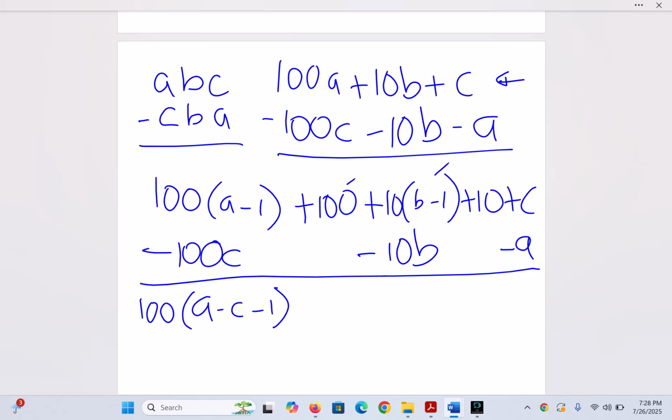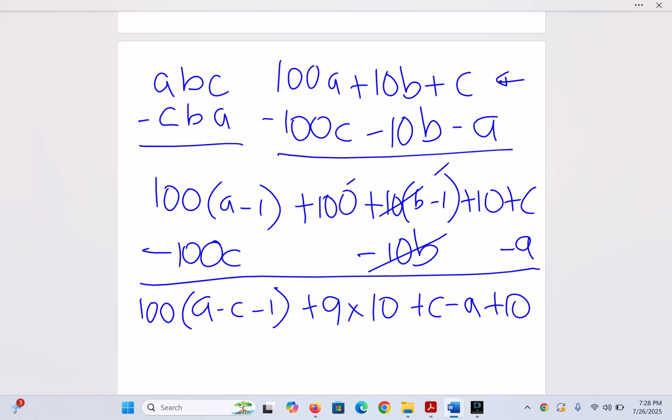But instead of putting 90, I'm going to put 9 times 10. All right. So I'm done. Plus 10B and minus 10B, they cancel out. And I'm left with C minus A plus 10.